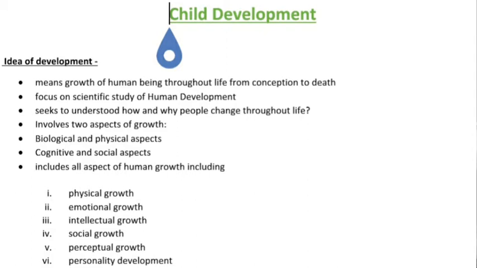The growth of intellect, what we think, how we think, means intellectual growth. And social growth. Social growth means the growth which is related to society, and perceptual growth. What perception we develop from different ideas, what we get from different information, as well as personality development.